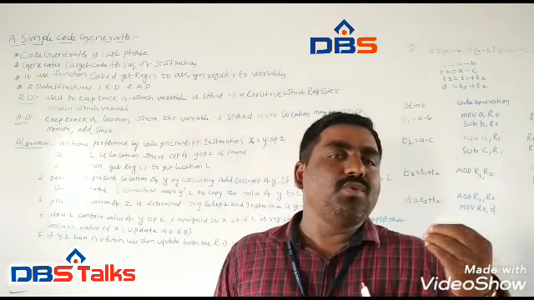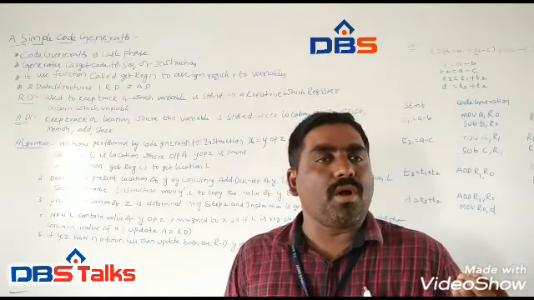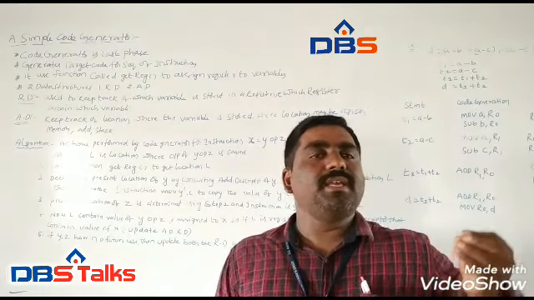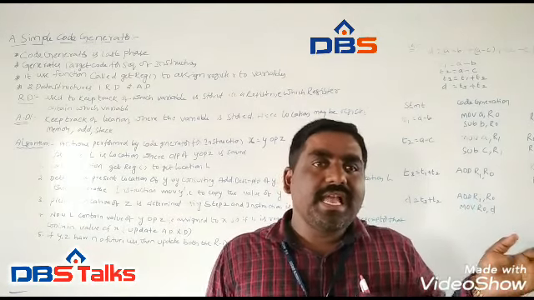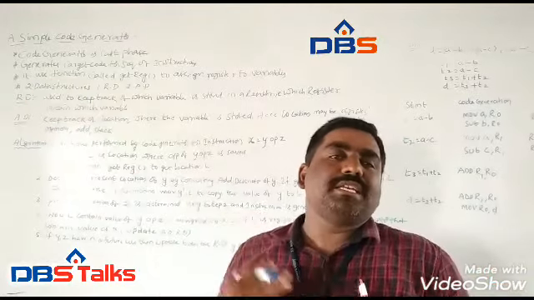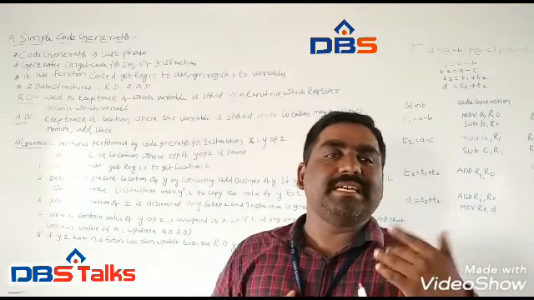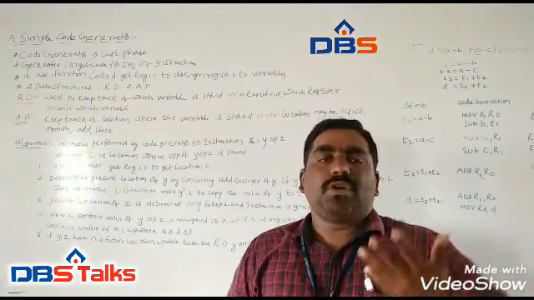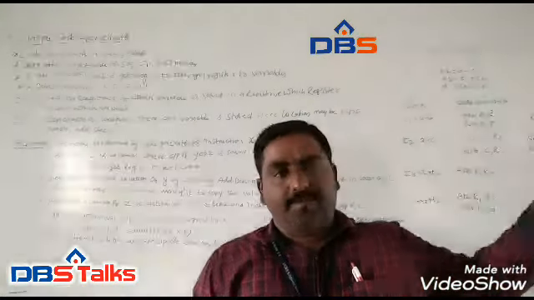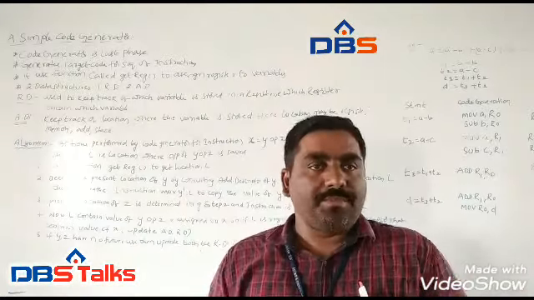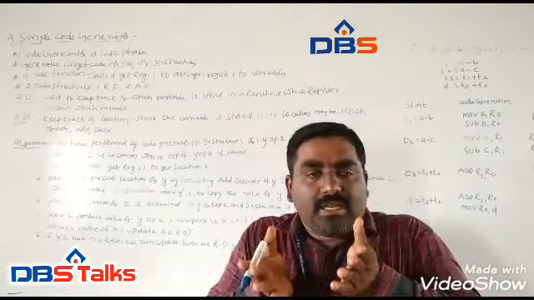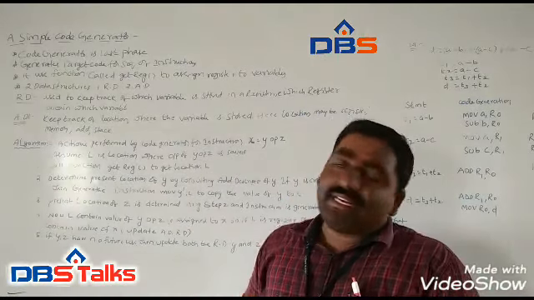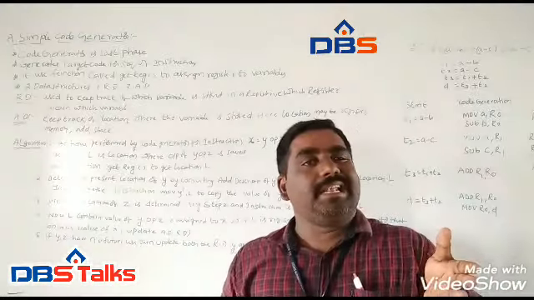Initially, we give the source program as input to the lexical analysis phase, and finally the code generation phase will generate some target code for the source code. Here the input to the code generator phase is intermediate code.